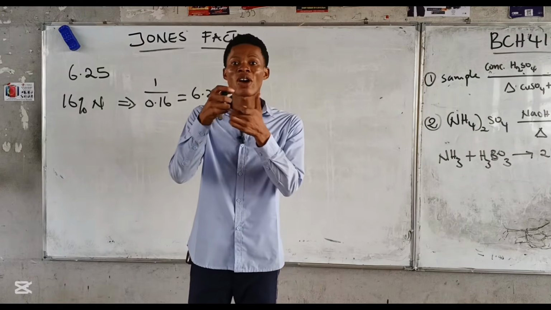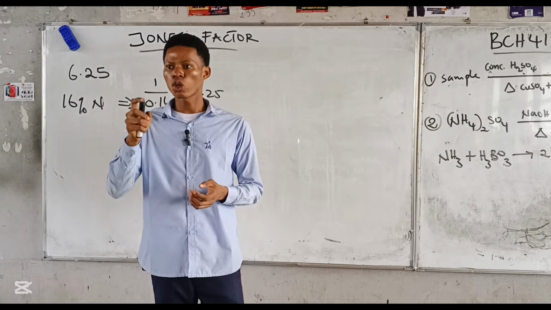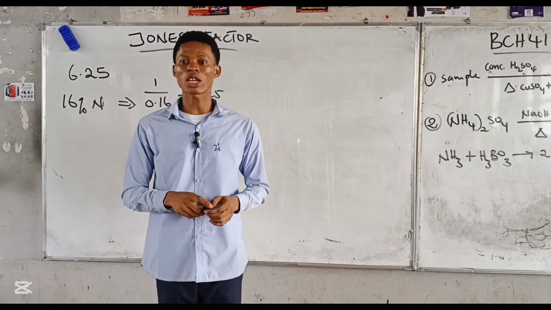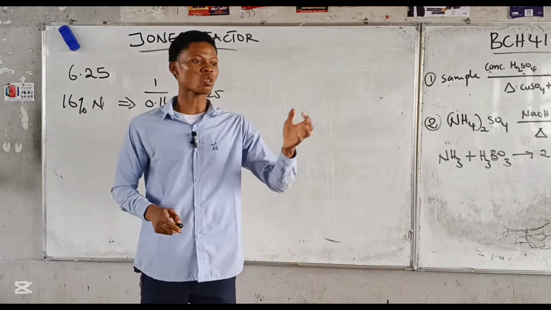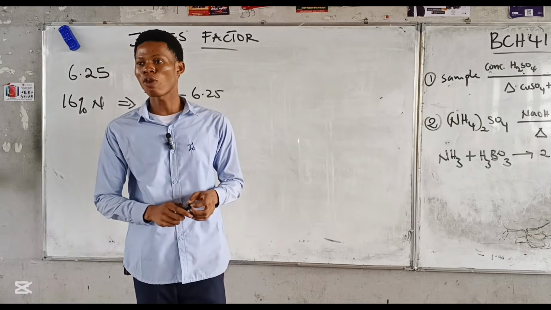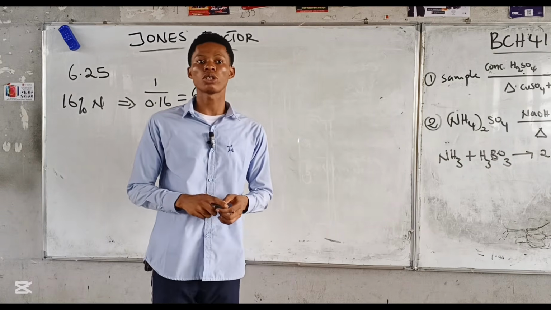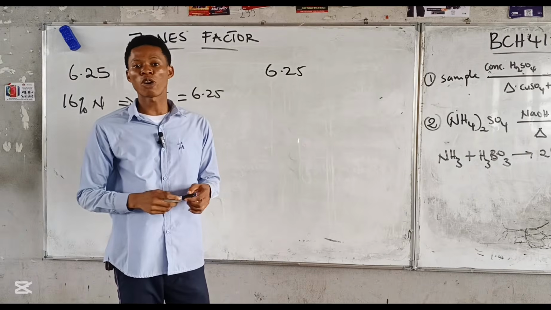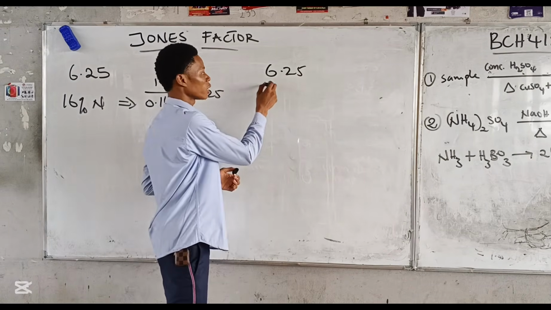If you type Jones factor for rice, somebody should try it. Let's say Jones factor for beans. Type it. Jones factor for beans. They have different numbers. Who has seen the Jones factor for beans? For beans it is 6.25. Somebody for rice. Does rice have protein? For rice 5.3.